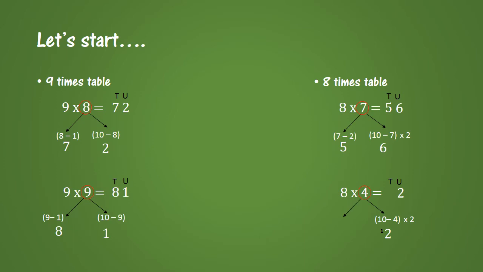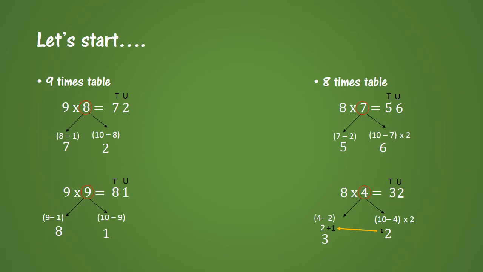For tens place, we just have to subtract the face value by 2. So we get 4 minus 2 as 2, and this 1 will be added to 2. So we get 2 plus 1 as 3, and this 3 will go to tens place. So we get 32. So 8 into 4 is 32.